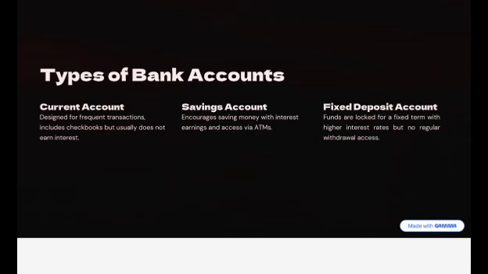What are the main features of current accounts? No interest is typically paid on current accounts in Nigeria. Account holders receive checkbooks for making withdrawals. It allows unlimited withdrawals and unlimited deposits.